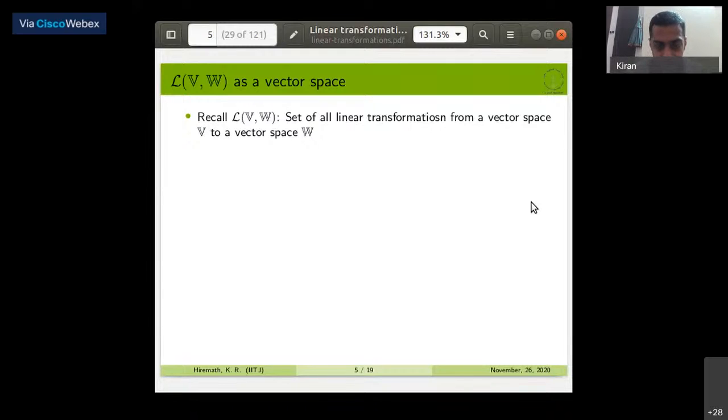And then just like we asked the question for a set, when a set is a vector space, we can also ask here: can we make this L(V, W) a vector space? And how to answer this question? If I want to answer this question, what are the things I need to do? First of all, we have to check the two operations.